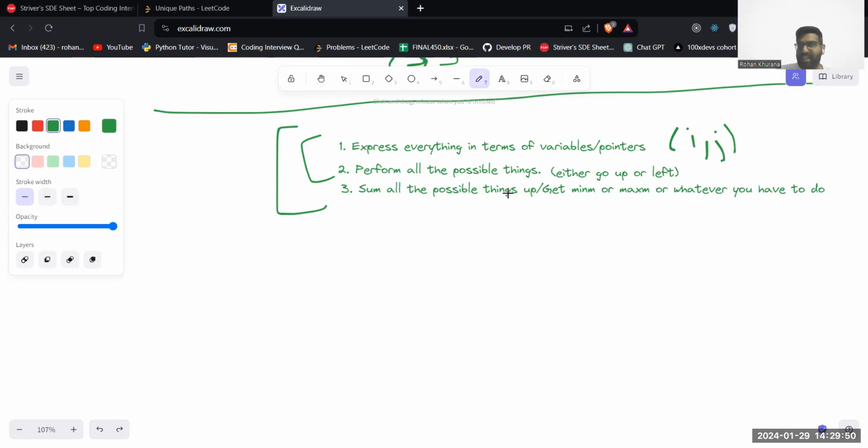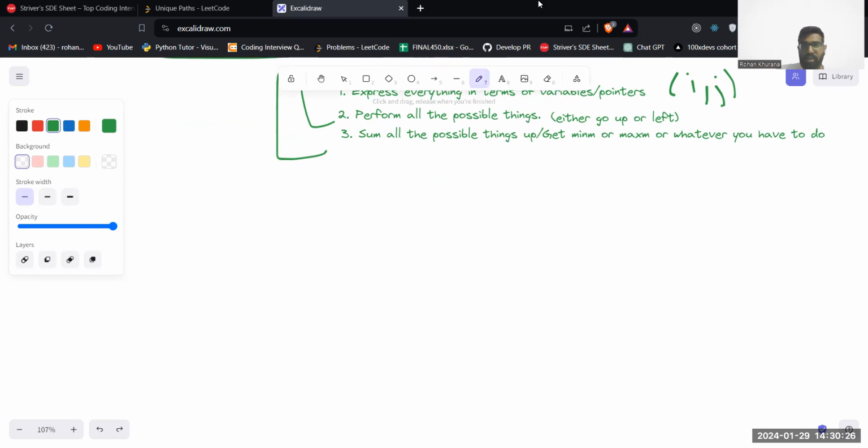I'm not getting the term in English, but it's called Rampart in Hindi. For people who understand Hindi, this is Rampart. This is the thumb rule. You need to know all these three things on your fingertips. First, express everything in terms of pointers. Second, perform all the possible things mentioned in the question. And third, sum it up or do whatever you have to do with the final solution.